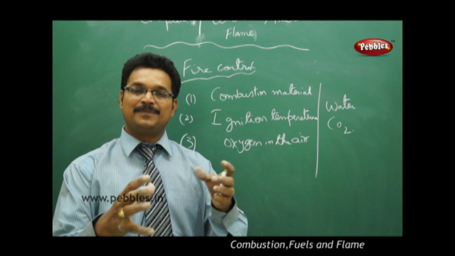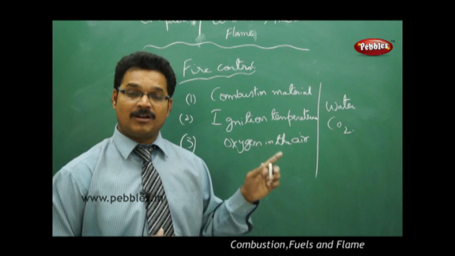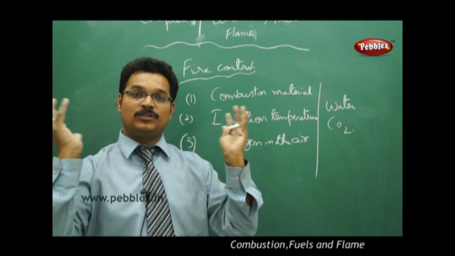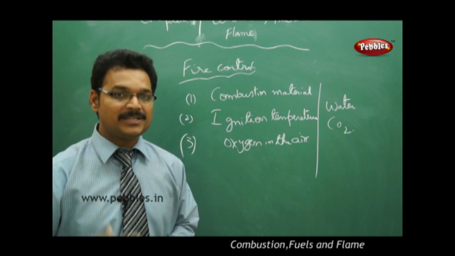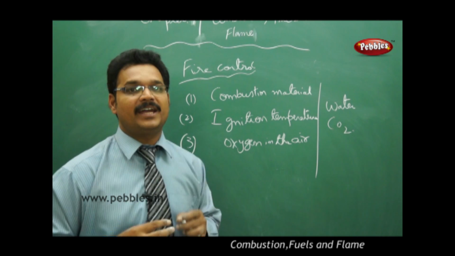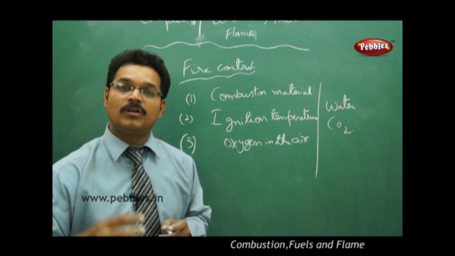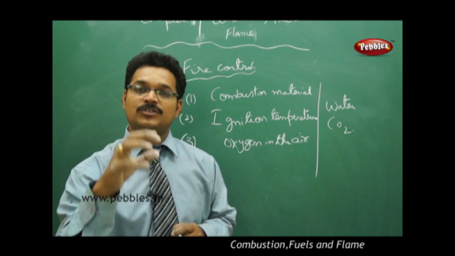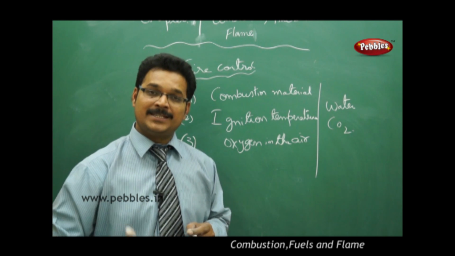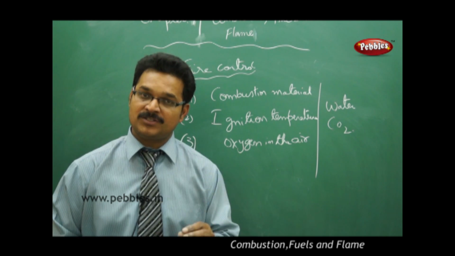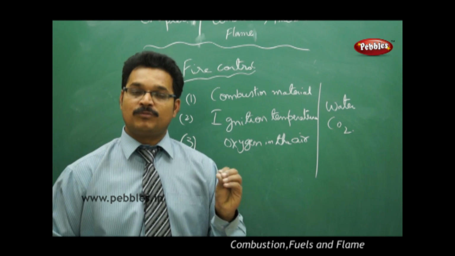Suppose a house is burning, then carbon dioxide creates a blanket over the house so that it increases the ignition temperature and reduces the oxygen in the air, so that quickly we can get control of the fire and stop it. That's why everybody suggests that every organization and school should have carbon dioxide fire extinguishers to protect from fire.